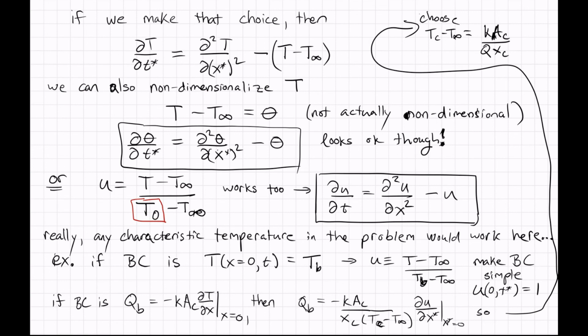So you have to reach back and look up the definition of our characteristic length scale. I think it was square root of kA over hP. And so if you plug that in, you'll get square root of kA times hP divided by the heat at the base. And making that substitution for T minus T infinity makes the boundary condition be du/dx equal to 1, which is easy to work with.